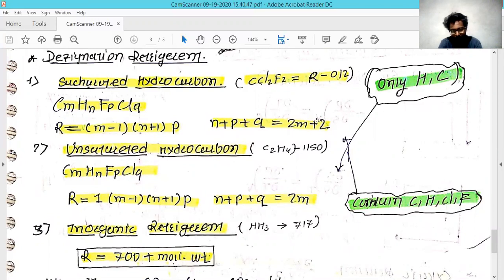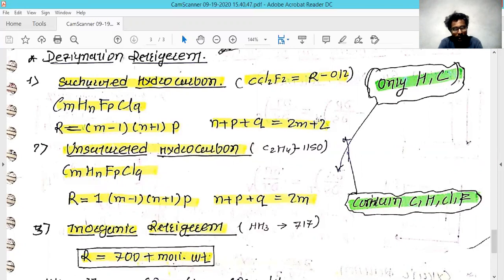I think one time they were asked, but mostly they ask this kind of question in the IES examination, where they will directly give you the formula of any refrigerant and you have to write it in another form. And sometimes they can give you the form of that refrigerant, and you have to find out the formula for that refrigerant.